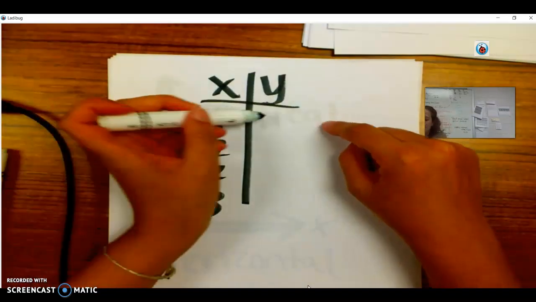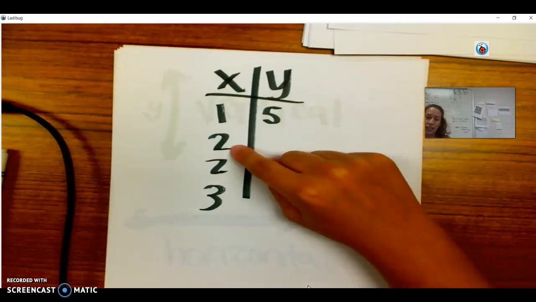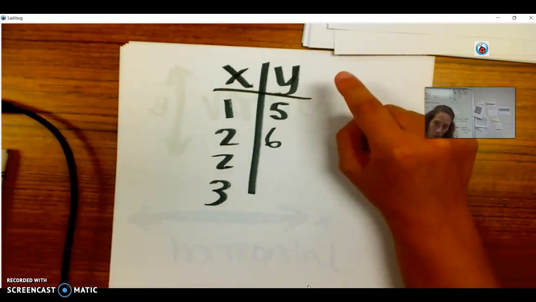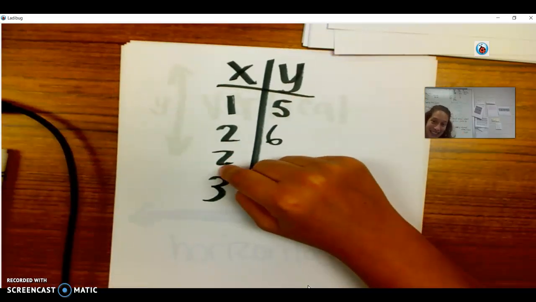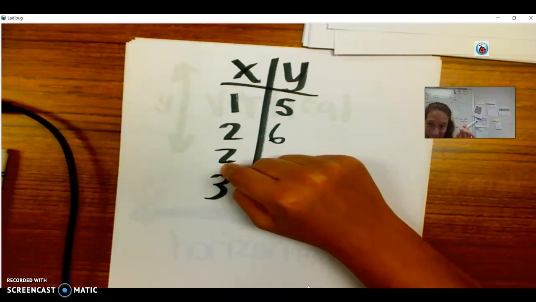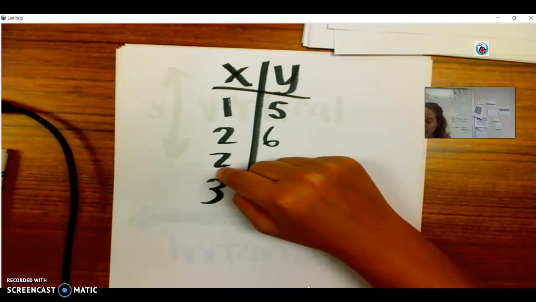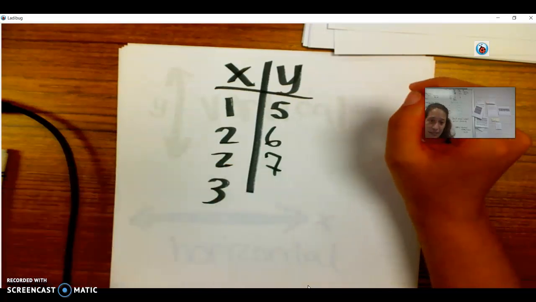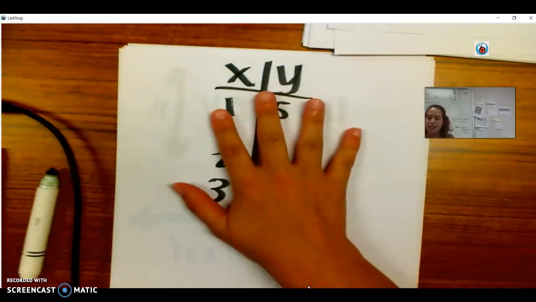Plug in a 1, a 5 pops out. Cool. Plug in a 2, a 6 pops out. Cool. Plug in a 2 again, a 6 should pop out again. If something else pops out, like, I don't know, 7, this is not a function.